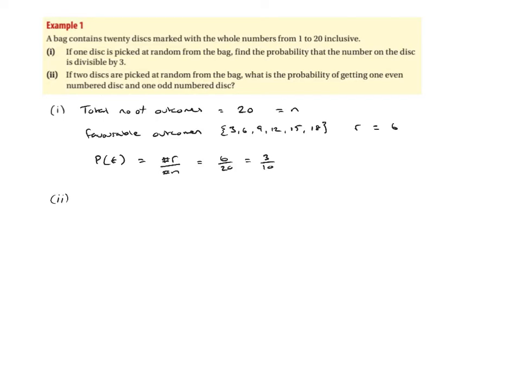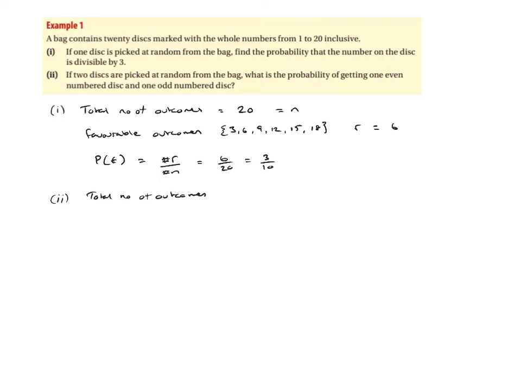So if 2 discs are picked at random from the bag, what is the probability of getting one even number and one odd number? Okay, so let's deal with the fact that we're looking to find out the total number of ways this can happen. So the total number of outcomes. And this is going back to our previous chapter.